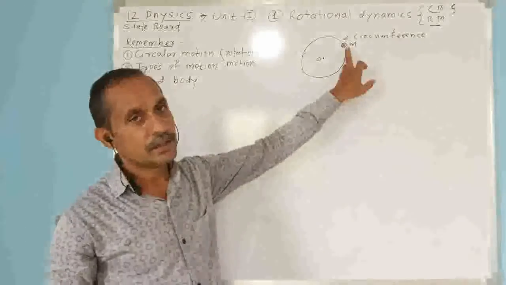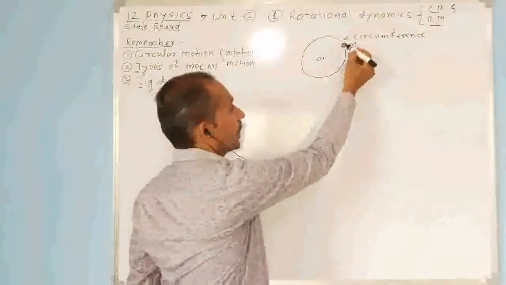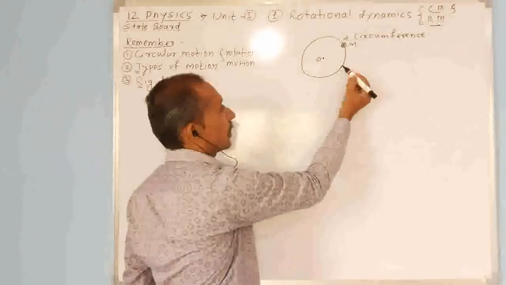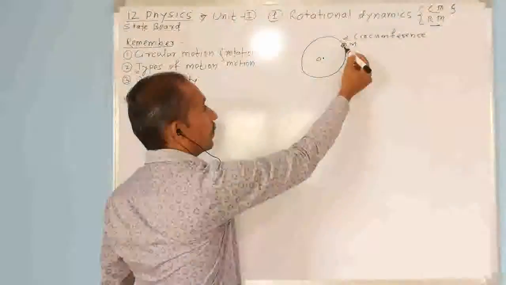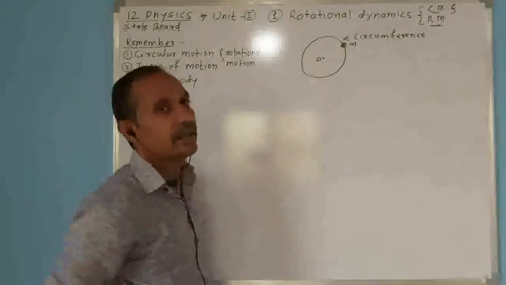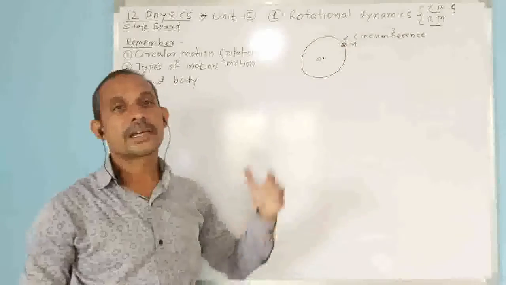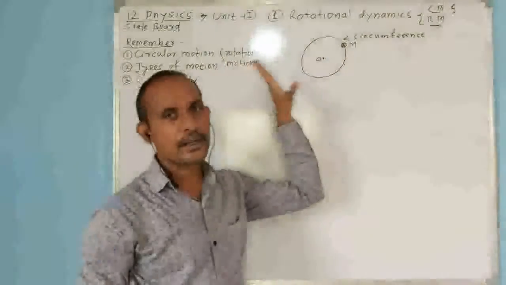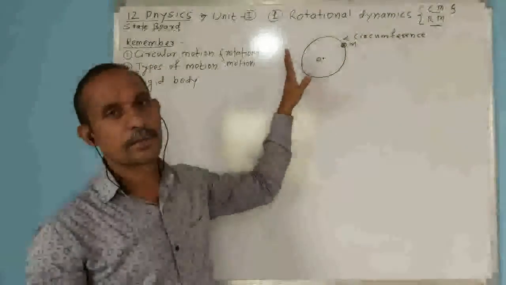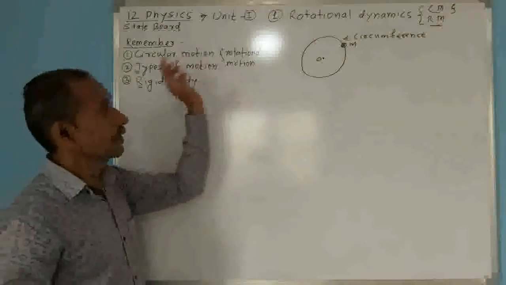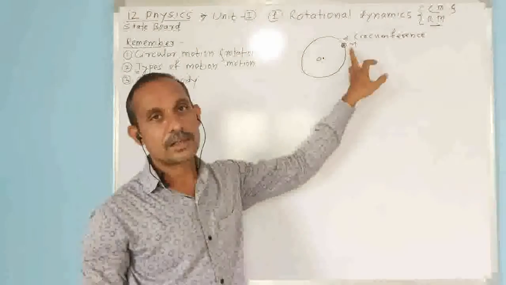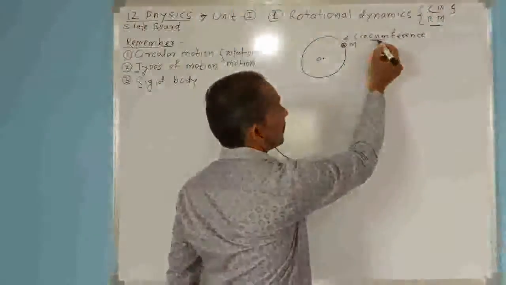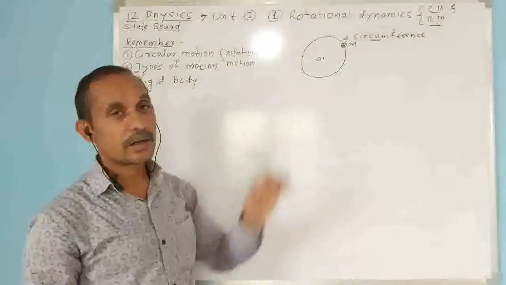Now this body is initially at rest. When this body starts moving along this circular track, then the motion of the body we can say is circular motion. So this is a very simple example or definition of circular motion. That means circular motion is the motion of the body along the circumference.